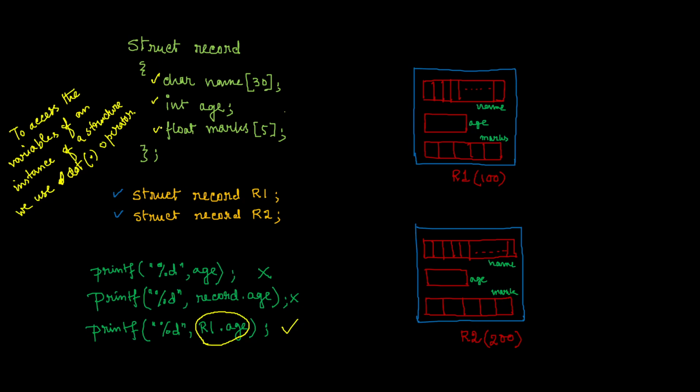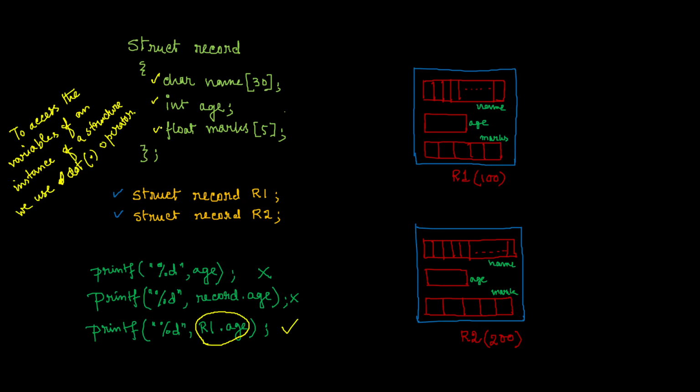For example, in case of another structure, if I want to store more information about the student, not only name, age, and marks. For example, I want to store their address. Then I will need another character array.